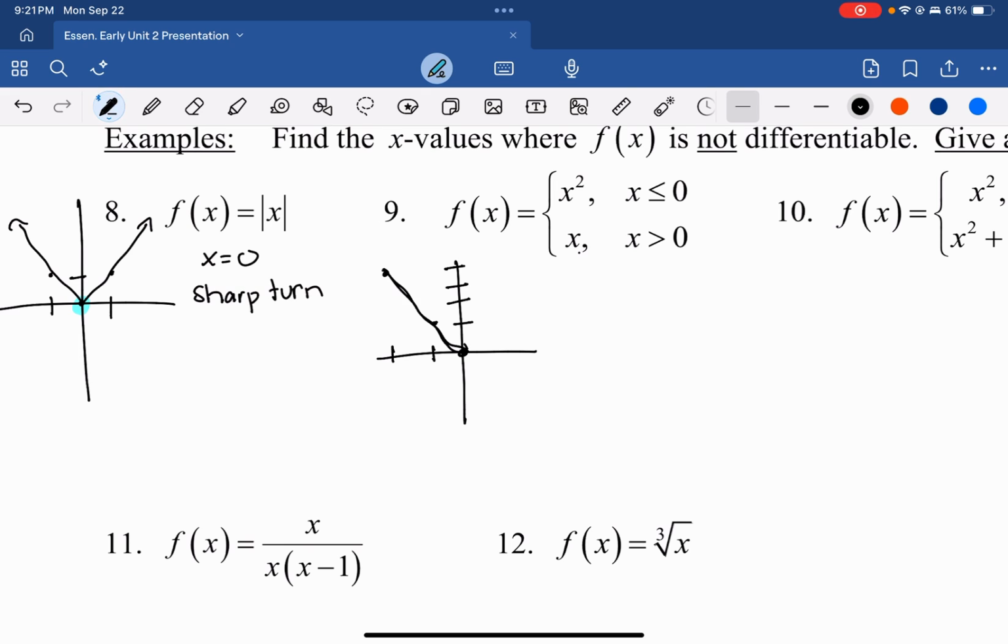On the other side, I've got x when x is greater than 0. At 0, we get 0. At 1, we get 1. At 2, we get 2. So that one's going off that way. Essentially we have that quadratic coming in and then it shoots off into a linear function at x equals 0. So we have a sharp turn.